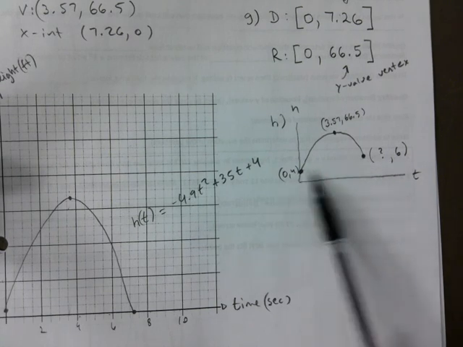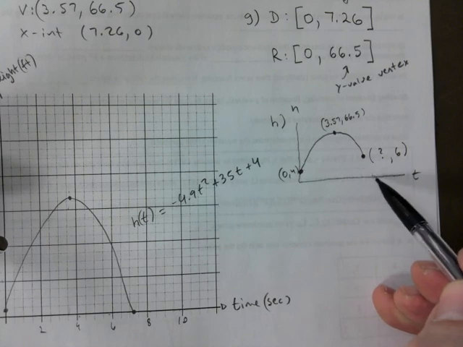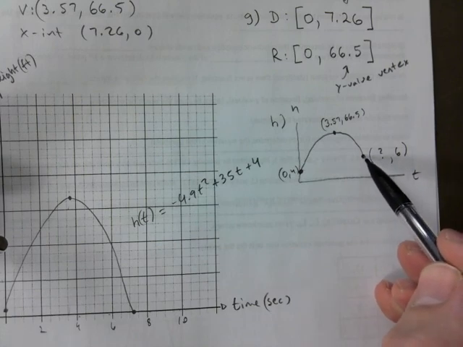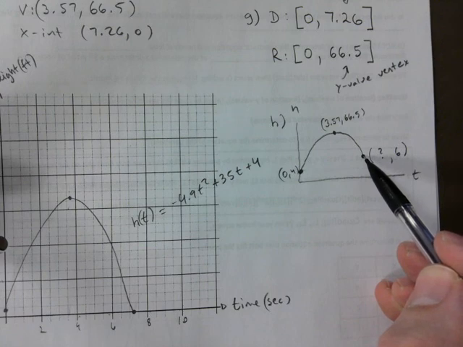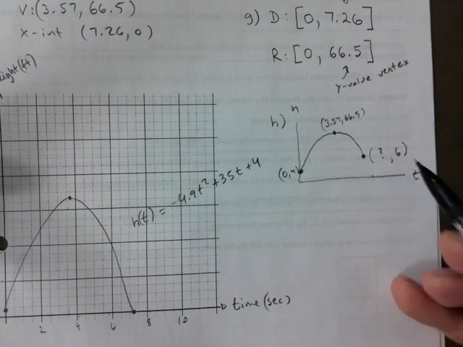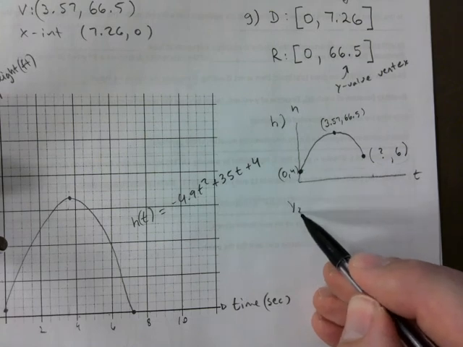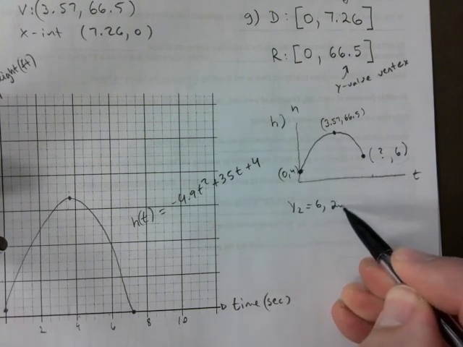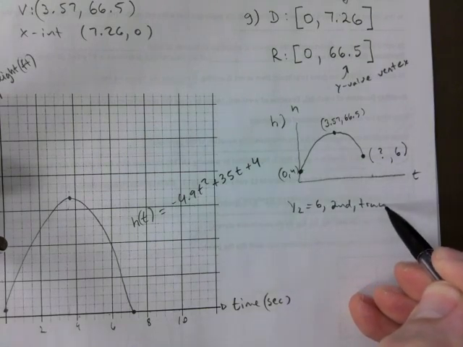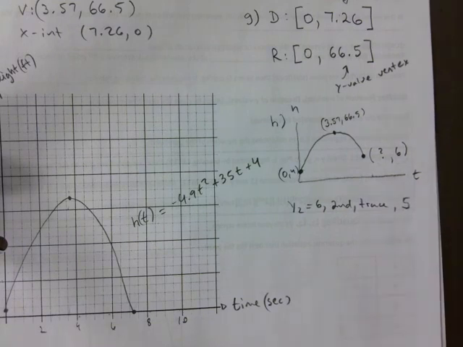So our domain has changed. It's no longer when it hits the ground, it stops there. Does that make sense? I hope so. So what do we need to do to get this done? y2 is equal to 6. Second trace, 5.